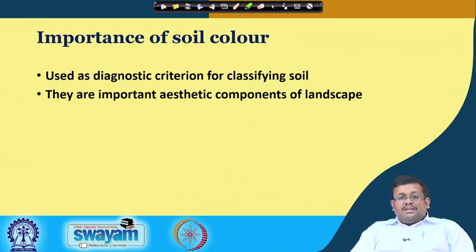Nowadays scientists have developed several cheaper image based instruments which are helpful for quantitative estimation of soil color, because using the Munsell soil color chart is qualitative and subjective, as it depends on the perspective of the investigator who is giving the name.